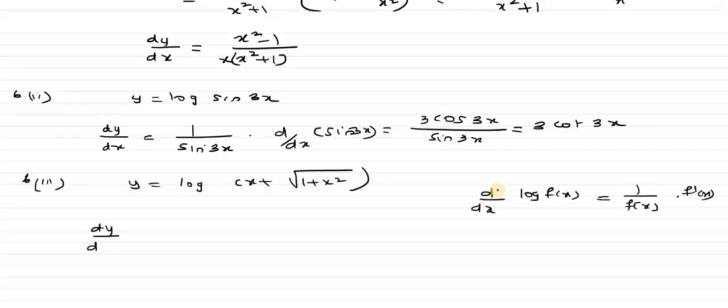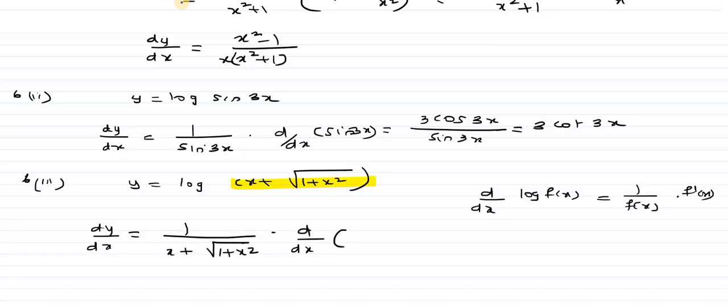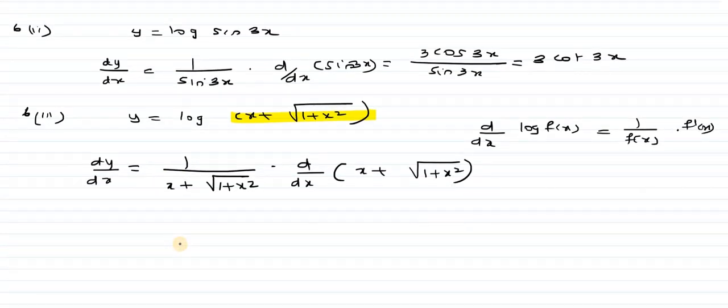So first log of this, whatever it is, you will write it in the denominator. 1 upon x plus under root 1 plus x square into differentiation of x plus under root 1 plus x square. There are two terms in this, so you can do the differentiation individually.